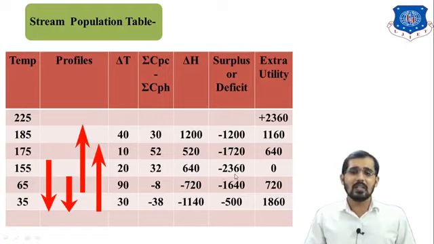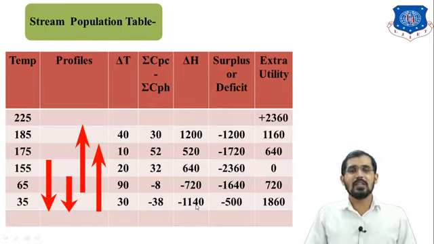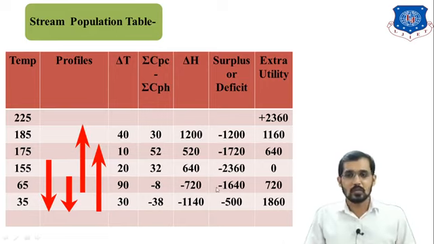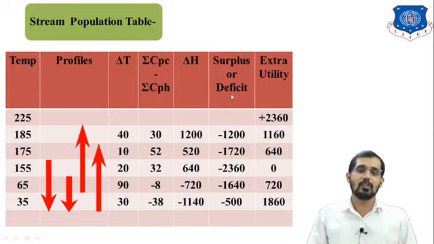Similarly, minus 2360 is the previous value, minus the initial value, means minus 2360 minus 720, that is minus 2360 plus 720, which is minus 1640. And lastly, previous minus initial, means minus 1640 minus 1140. So this is nothing but minus 500. So this is all about surplus and deficit values.